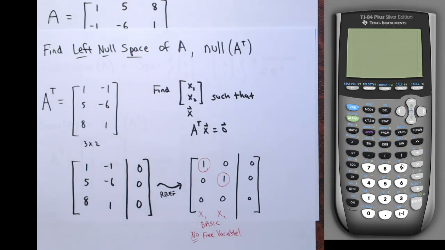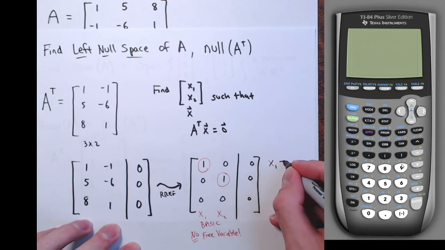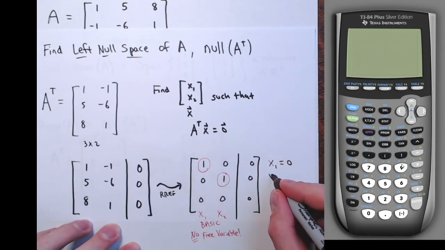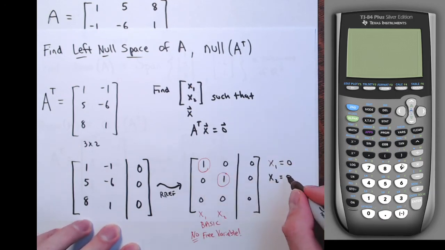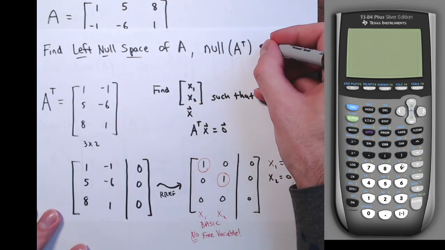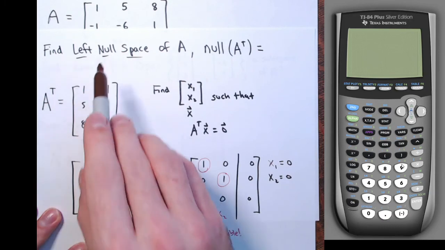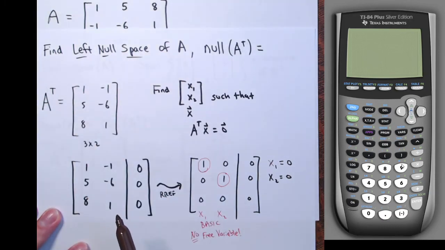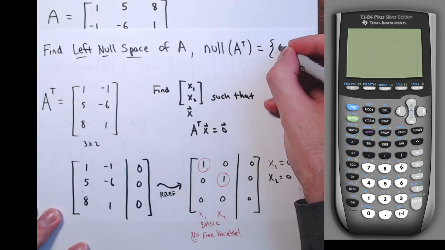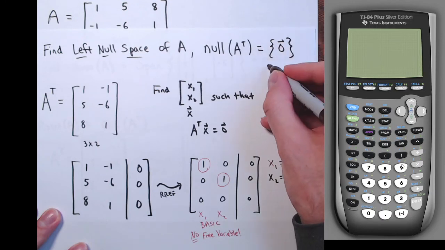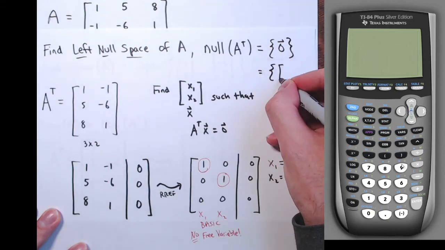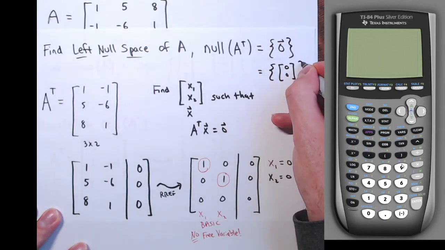And from that first row, you're seeing x1 has to be 0. The second row, x2 has to be 0. So this null space of A transpose, or what's called the left null space of A, is just the set with the 0 vector, the set with the vector 0, 0 in it.